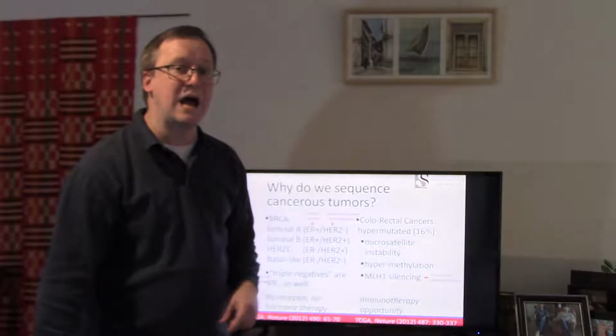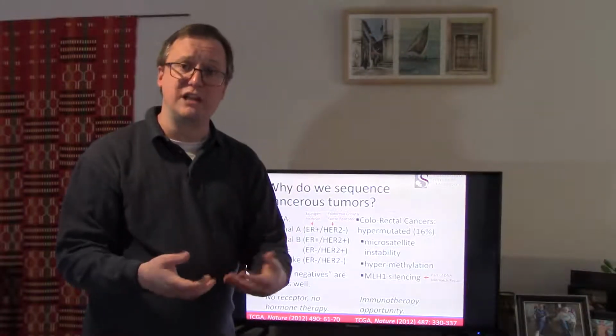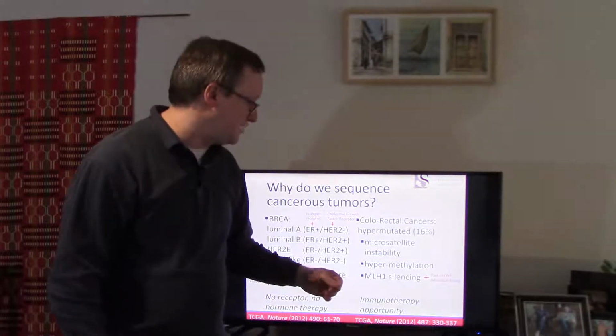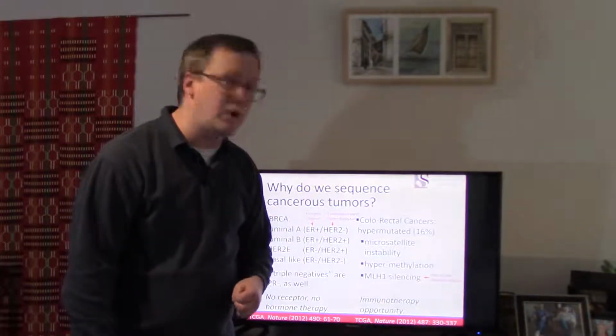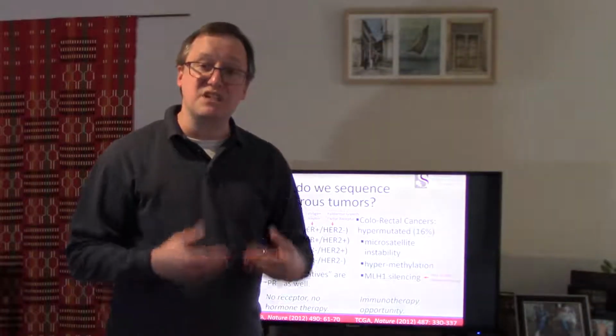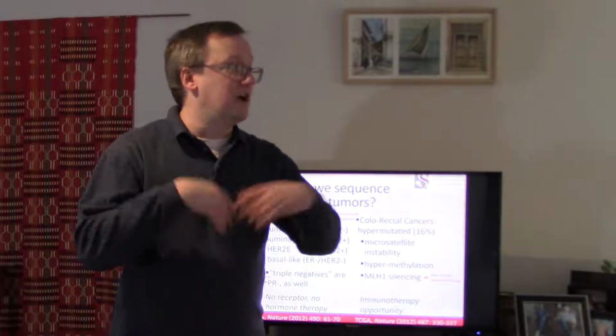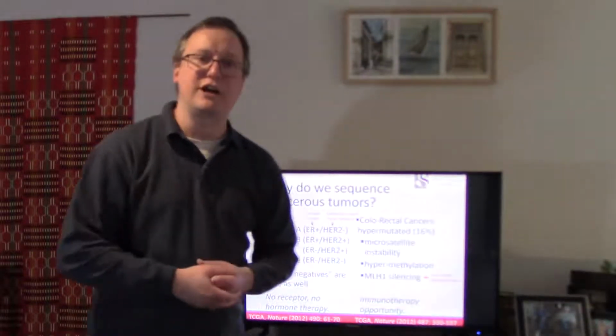It might be due to hypermethylation, which can, of course, alter the gene regulation, the expression that we see in its genes. Or it could be that we see deficits in MLH1, the silencing of that gene. So this is part of the DNA mismatch repair, and if you're not repairing mismatches in your DNA, you are accumulating mutations at a much higher rate.